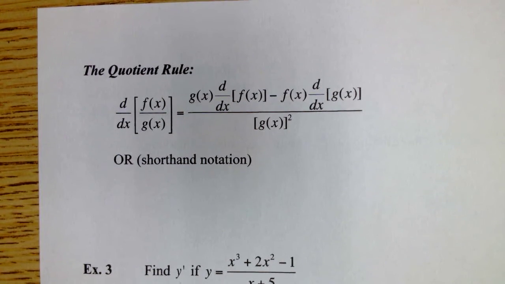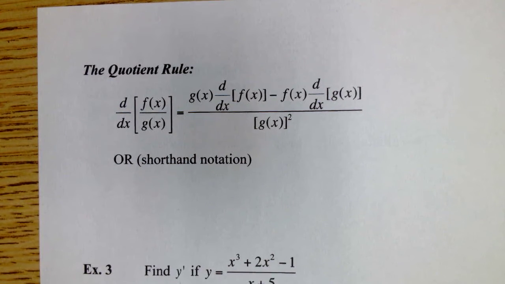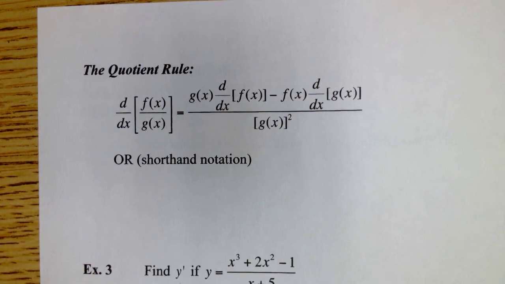All right, so for our quotient rule today, it looks really, really crazy confusing. It is slightly different from the product rule, and that's okay, not a big deal.